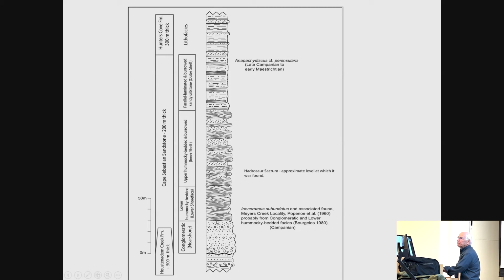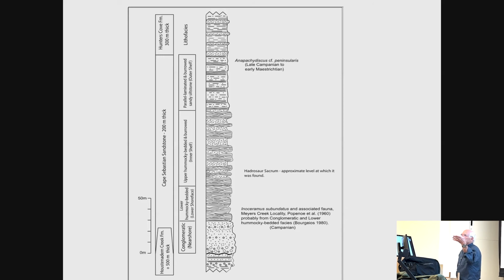from Cape Sebastian, the rock sequence, the lower conglomeratic part. Can you see the scale here, 50 meters there? Okay, so the dinosaur came from this level here in a sandstone sequence, and they call them hummocky beds right here. They're storm-generated beds. I don't want to get into the details about what a hummocky bed is, but it's from a very shallow water deposit.